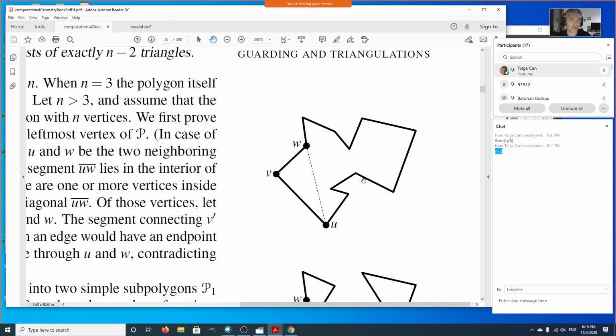In that case, UV is a valid diagonal which will split off a triangle from the remainder of the polygon.